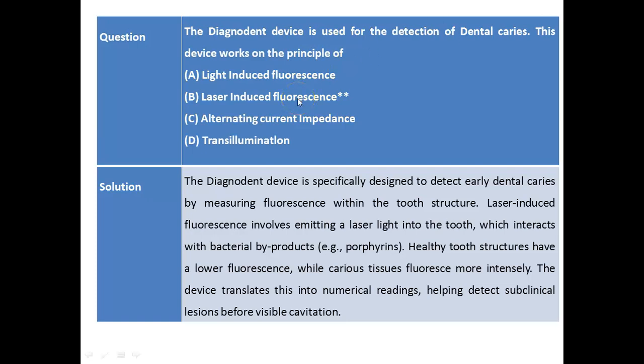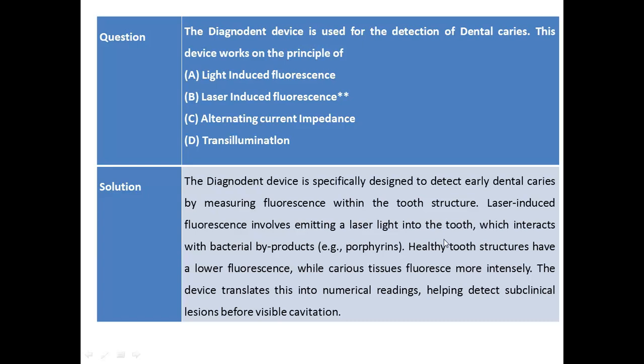So now the first question is about the diagnostic device used for detection of dental caries. On what principle does it work? Remember dear student, it works on the principle of laser induced fluorescence. The name only suggests that this laser induced fluorescence involves emitting a laser light into the tooth. This light will interact with the bacterial byproducts, so the carious tissue will fluoresce more.